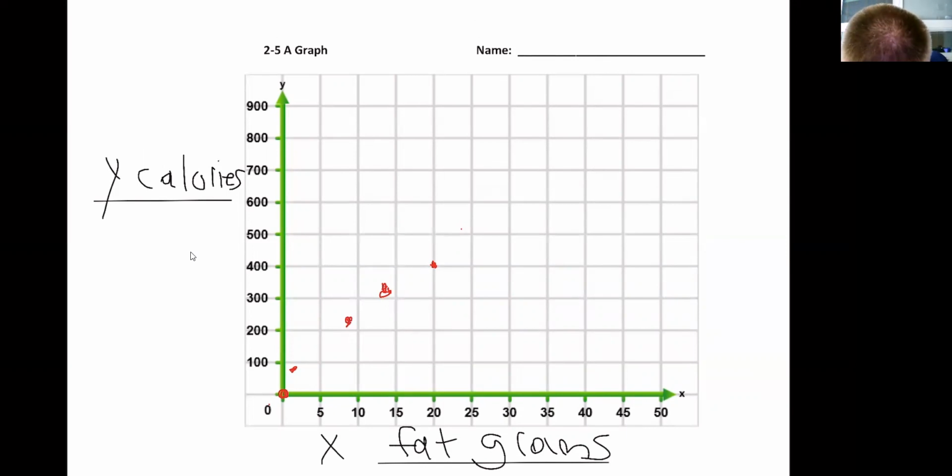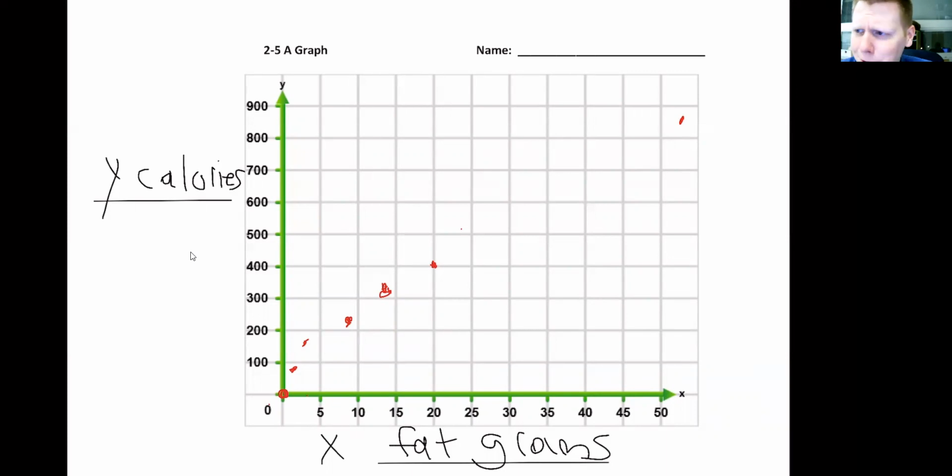Grilled chicken is 161, so that'd be a little bit past halfway on the 0 to 5. Up to 161 would be approximately here. 40, and then the last one, hot fries, is 48, 840. So 48 would be a little bit before the 50 and all the way up to 840. It might look something approximately like this.